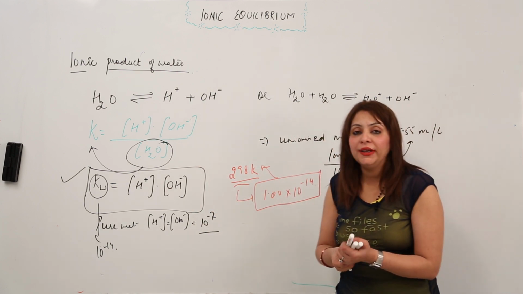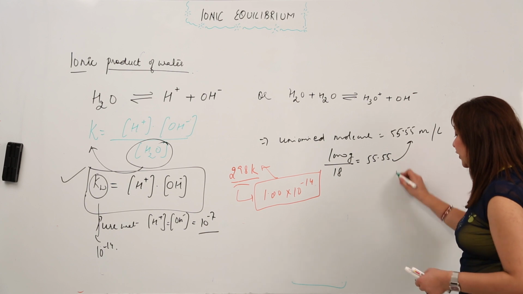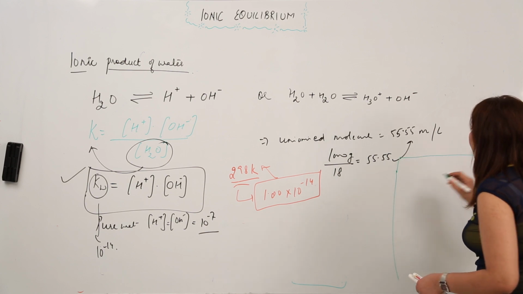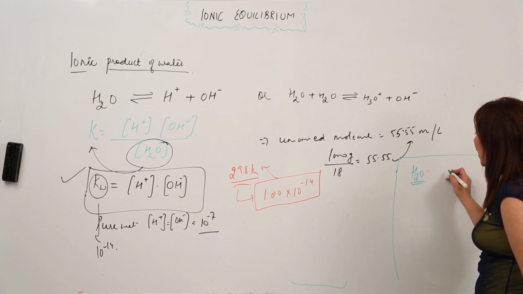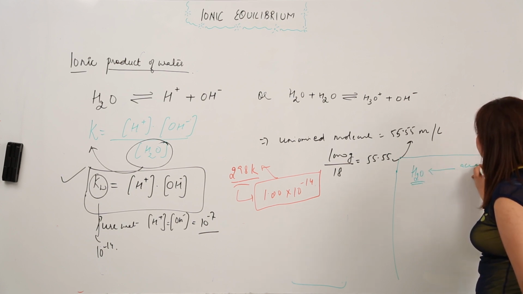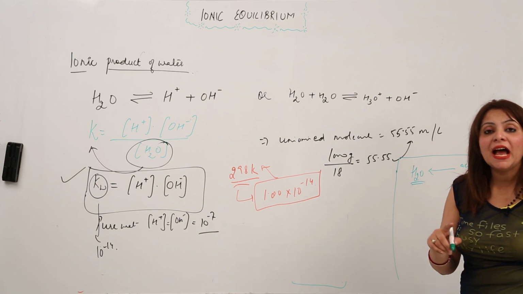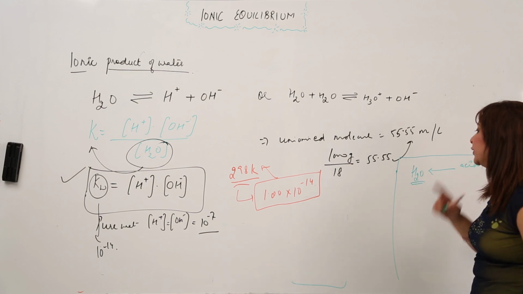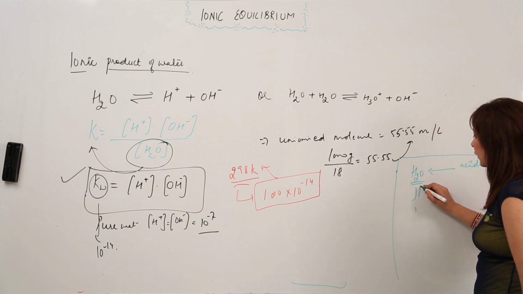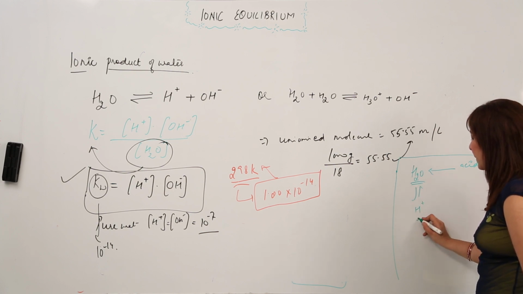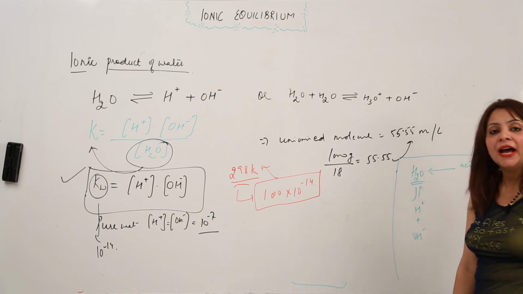Now in the next example, I have taken water and I am adding acid to it. What is going to happen? I know that it is in ionic equilibrium with H positive and hydroxide ion.